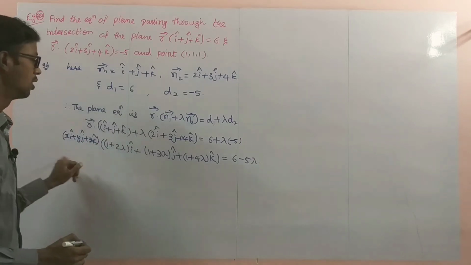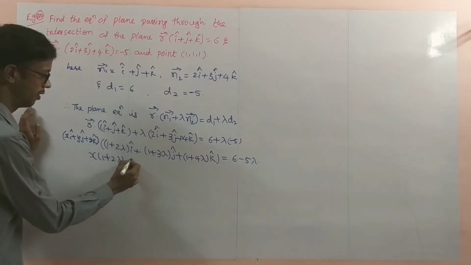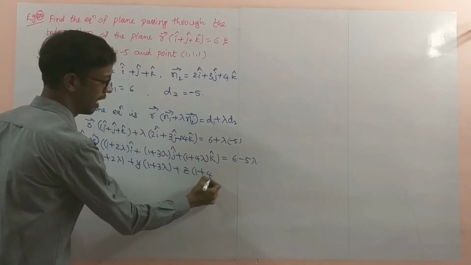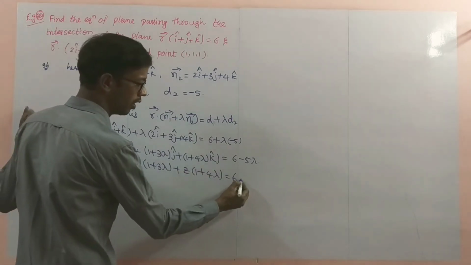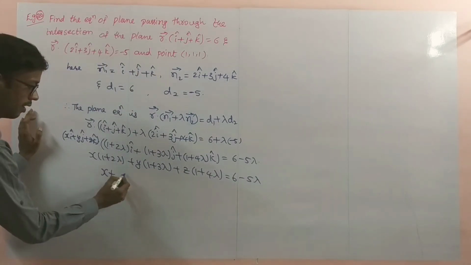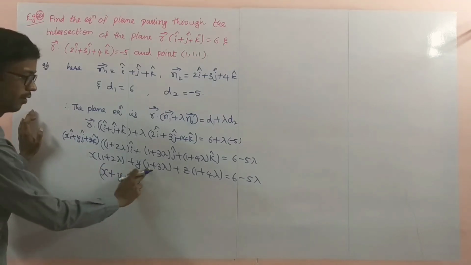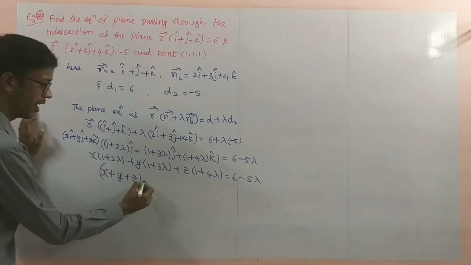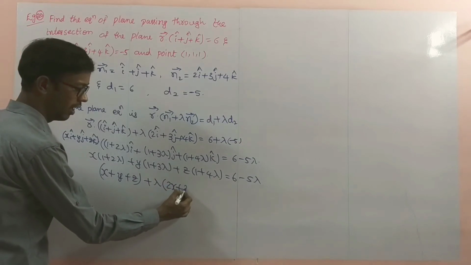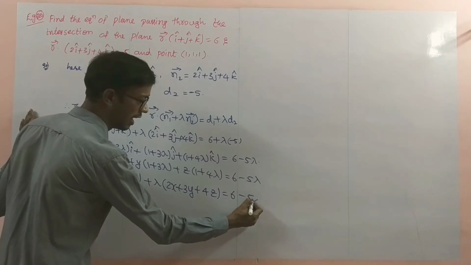The dot product means multiplying corresponding elements: x into (1 plus 2 lambda) plus y into (1 plus 3 lambda) plus z into (1 plus 4 lambda) equal to 6 minus 5 lambda. Now simplify: x plus y plus z in one bracket. Next, taking lambda common: lambda (2x plus 3y plus 4z) equal to 6 minus 5 lambda.